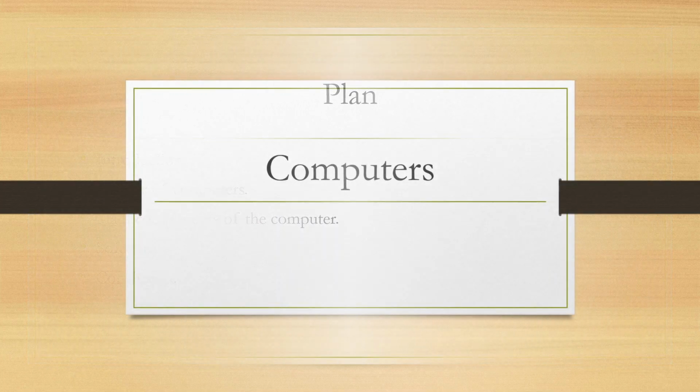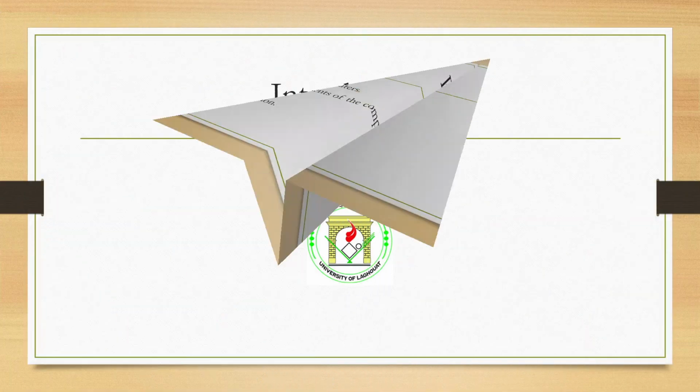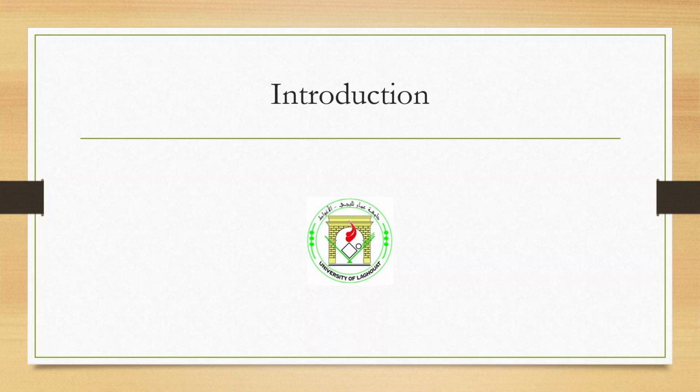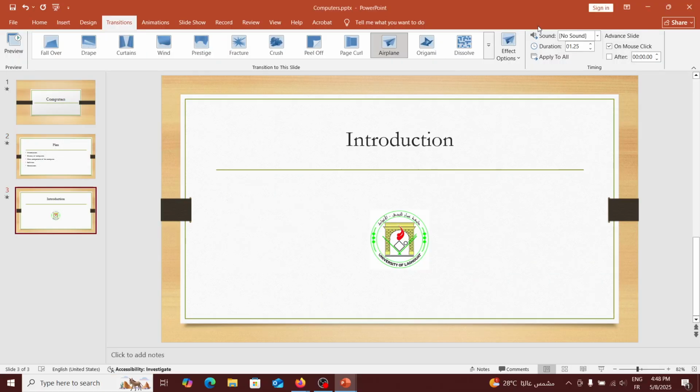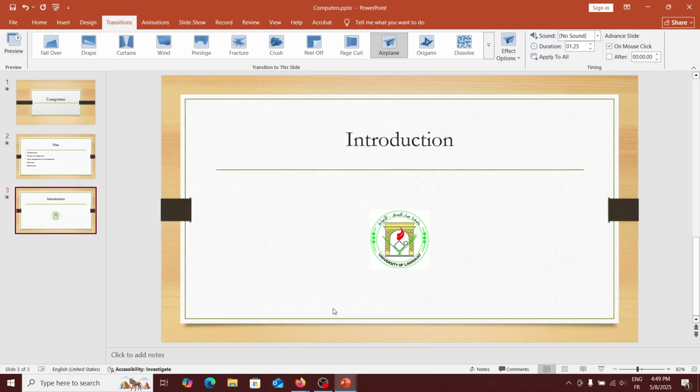Notice the transition between the first and the second. And now for between the second and the third. It's just to make your slide more enjoyable and easy to look at and follow along, okay?